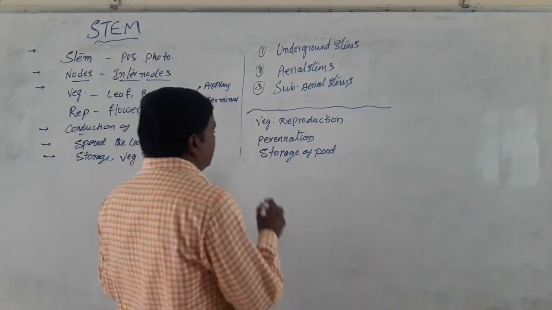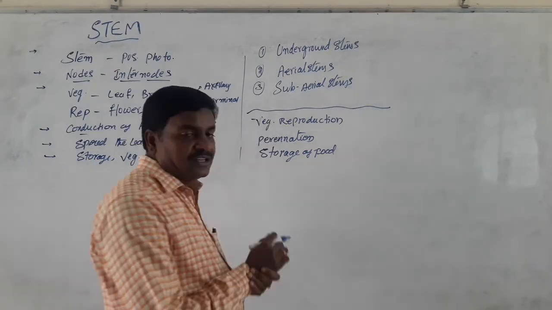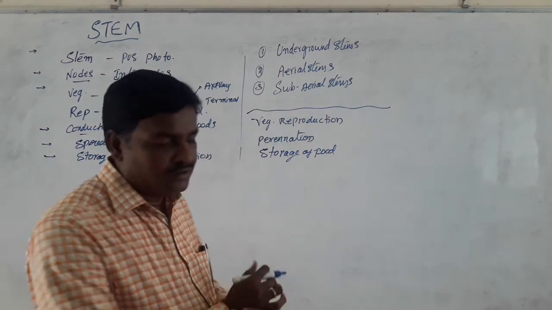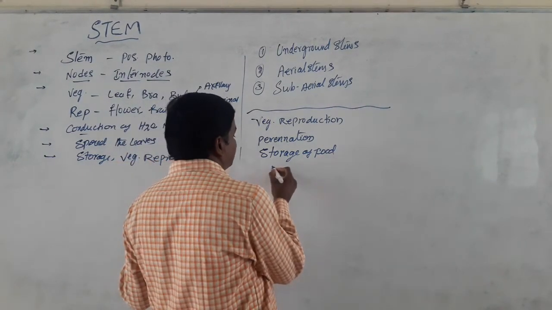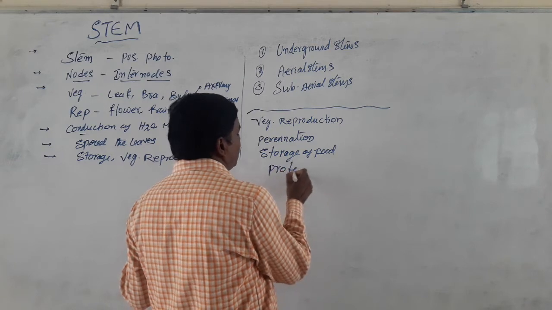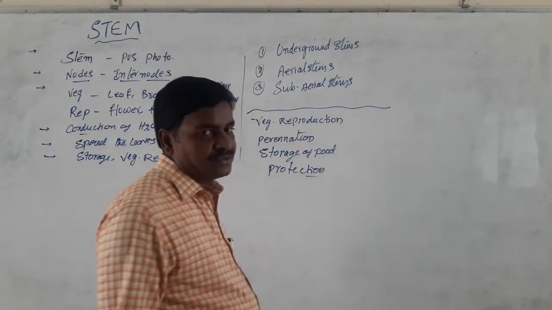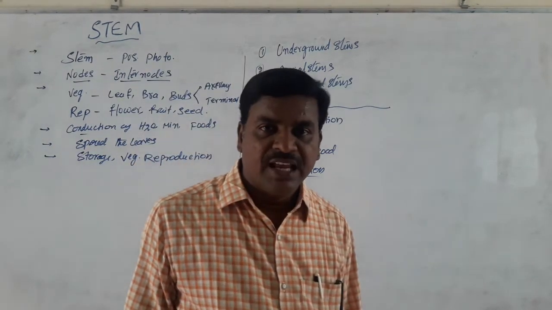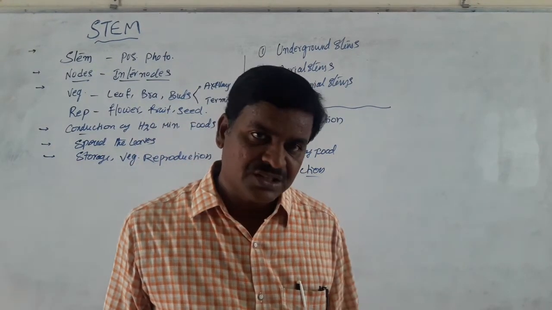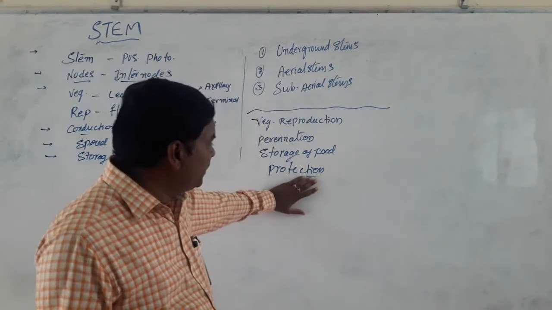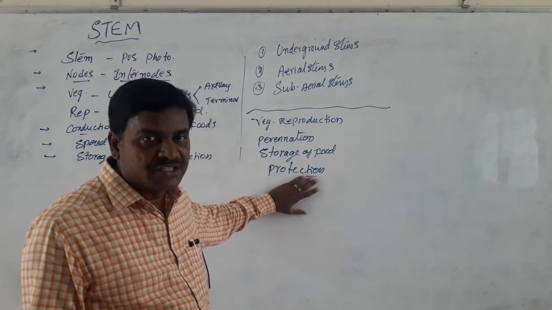At the same time, as the stems are present internal to the ground, they also protect plants. Because of all these reasons, underground stems help in more than one function. They perform multiple functions.